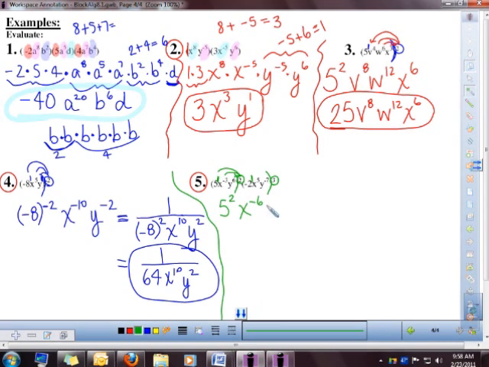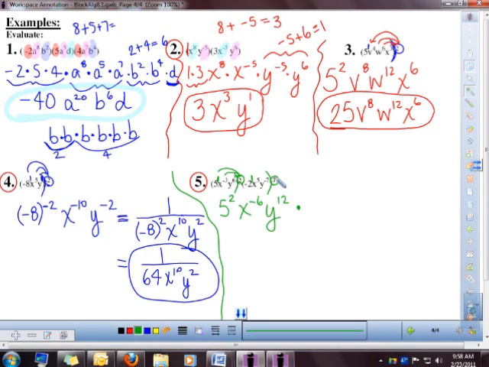Very good. y to the 2 times 6, which is 12. Very good. Now, I am going to put a dot right here just so I don't forget that this next part is multiplied also, because there's a number coming up next. So I'm going to put a dot so you be sure and remember that it's times, not add or subtract.